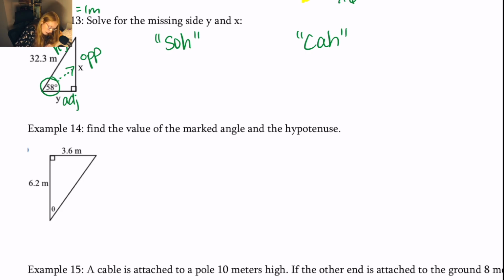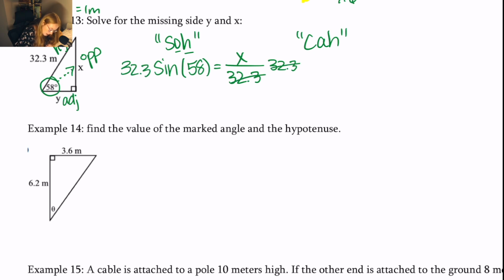Let's just start with sine. Sine of the angle, which I do have, is equal to opposite over hypotenuse. The opposite is what we don't know, so I'm going to put x, but the hypotenuse is 32.3. Get x by itself. Move the 32.3 over by multiplying on both sides.